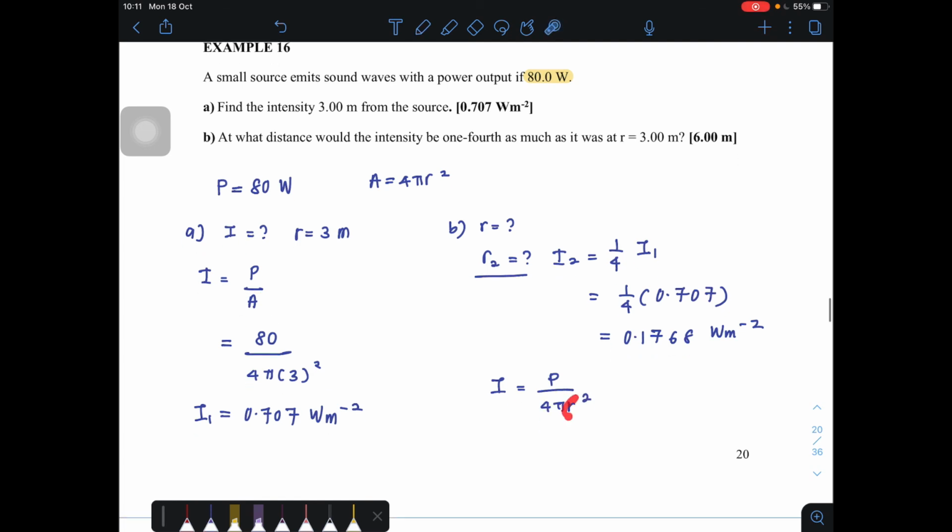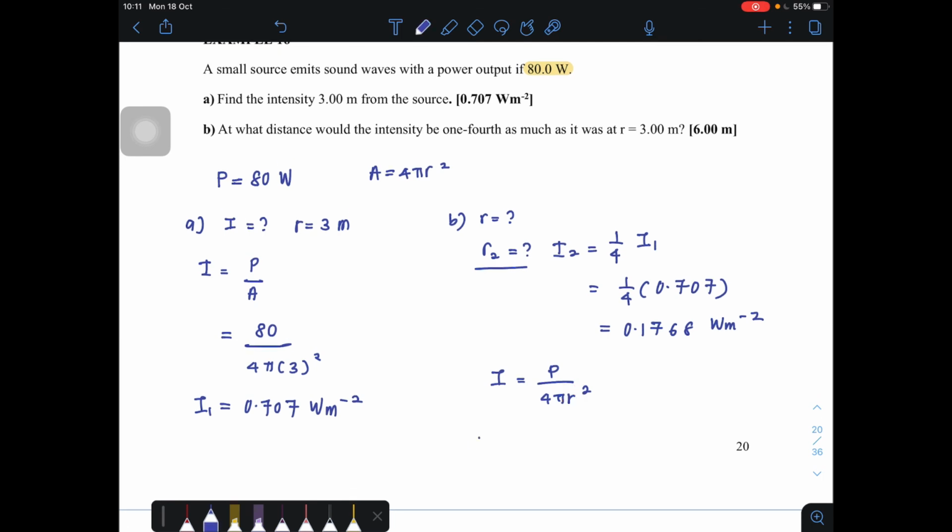And then this is what we want. So you just masukkan 0.1768 sama dengan P, kita assume dia adalah sama lah, power adalah sama, divided by 4 pi R square. So the value for R here is equal to 6 meter.